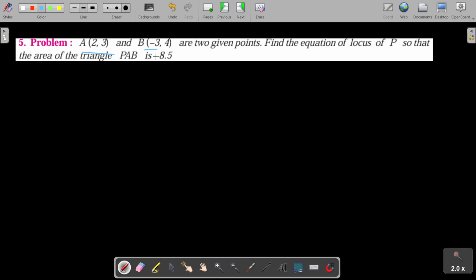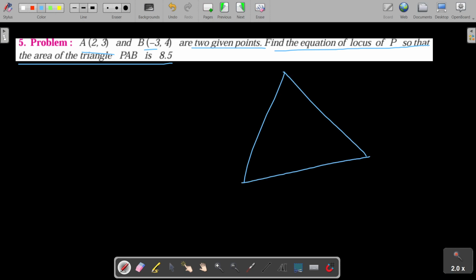A and B are two given points. Find the equation of the locus of P so that the area of the triangle PAB is 8.5. Let's say I have the triangle here: this is P of x comma y, this is A point, this is B point.